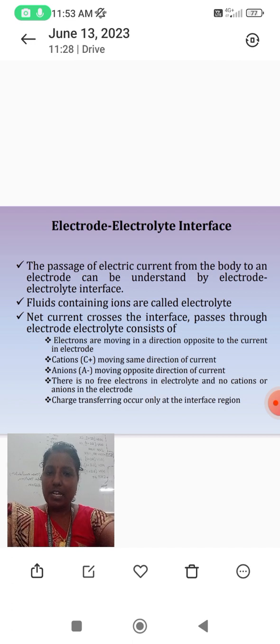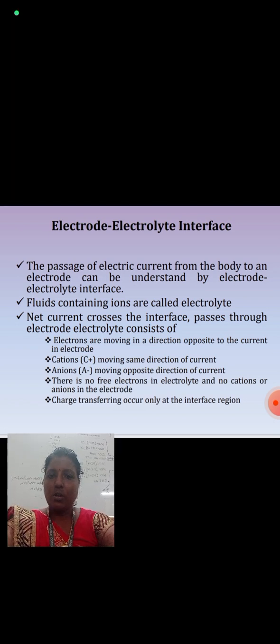Now, when an electrode is placed near the surface of the skin, net current crosses the interface and passes through the electrolyte, which consists of electrons, cations, anions, etc. When a current is given to an electrode, the cations move in the same direction as the current, but the anions move in the opposite direction of the current.